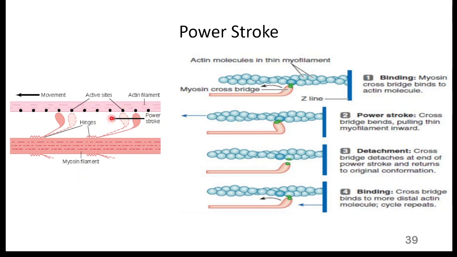Then eventually, the heads will detach, go back to the resting state, and bind to the actin filament again. Then drag the actin filament again. Okay, so this will lead to contraction.